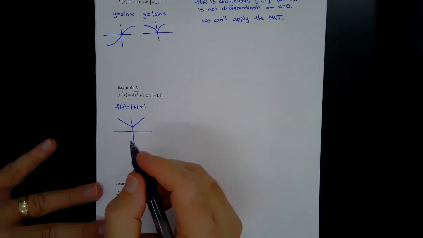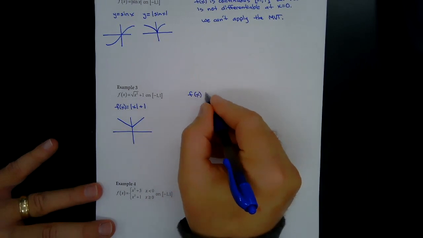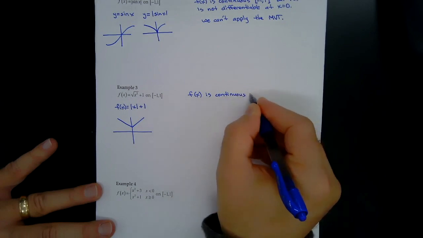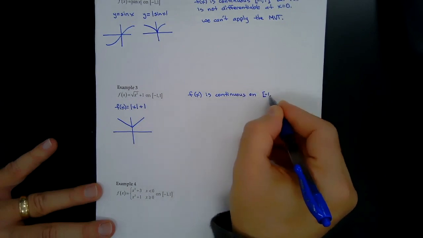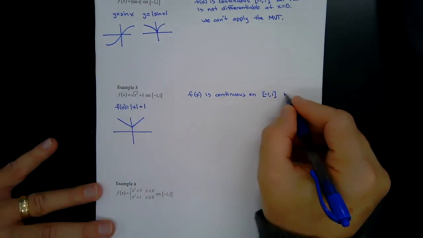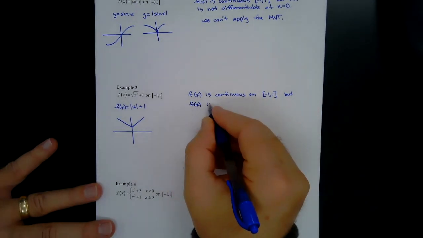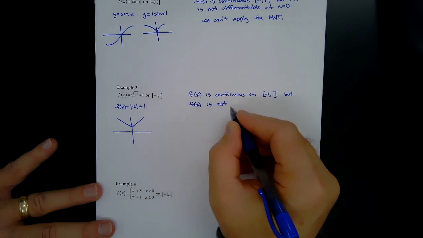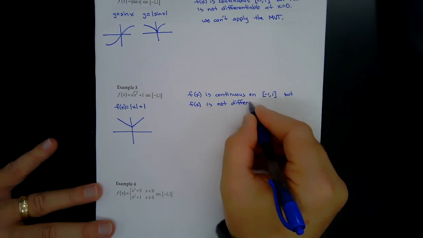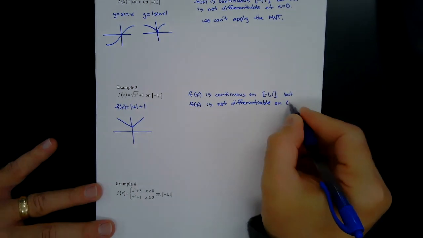So what does that mean? Well, it's continuous, right? So we could say f of x is continuous on the closed interval -1 to 1, but because it has this corner right here, f of x is not differentiable on, and we could say it like this, -1 to 1.